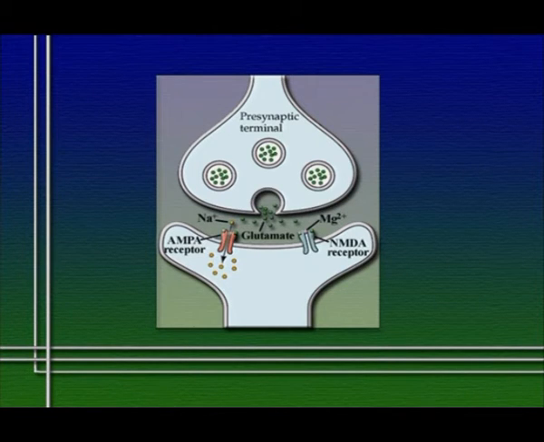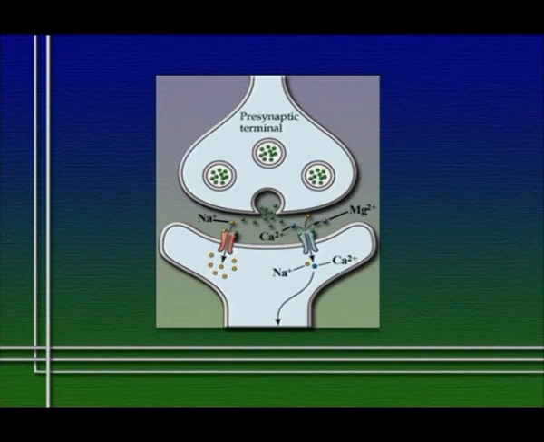But if the AMPA receptors are stimulated enough, for example, by repeated or rapid firing, then the level of depolarization of the postsynaptic cell gets to be high enough that the magnesium is driven off the NMDA receptors. The NMDA receptors now can respond to that same glutamate signal, allowing calcium to rush in, and calcium works as a second messenger, essentially remodeling that synapse.